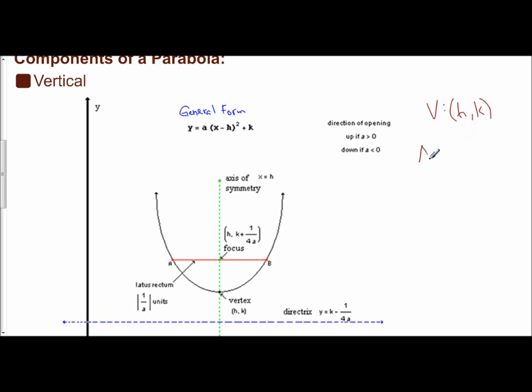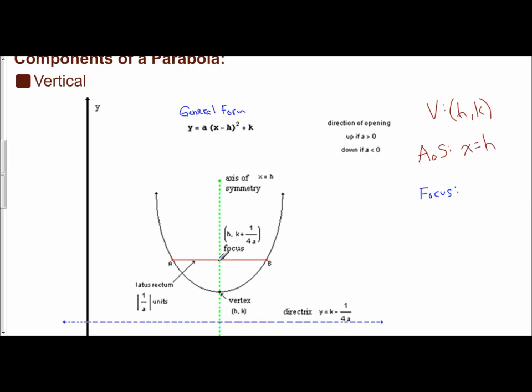Now remember when we dealt with parabolas before, we said that for a vertical parabola, the axis of symmetry is x equals your h value of the vertex. So our vertex and axis of symmetry is not new. Those are the same that we've done before. The new components we're going to be finding are the focus and the directrix. So let's do the focus first.